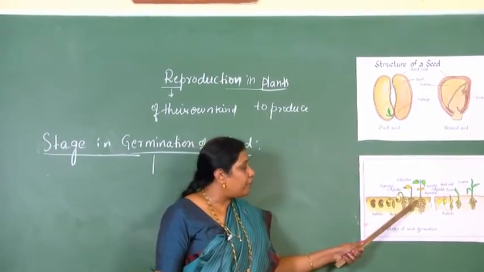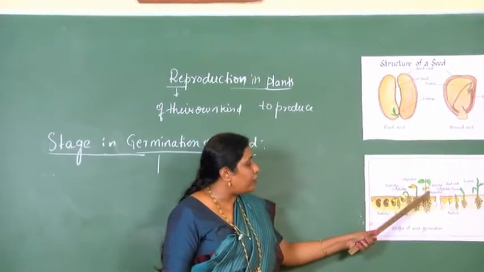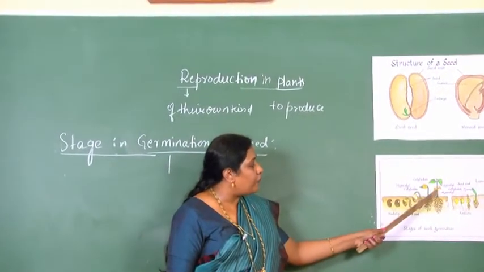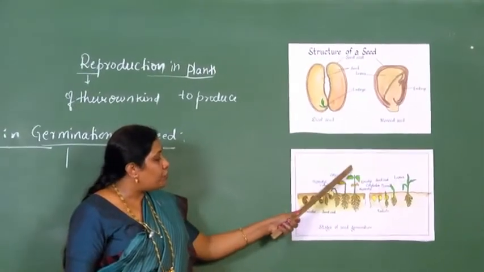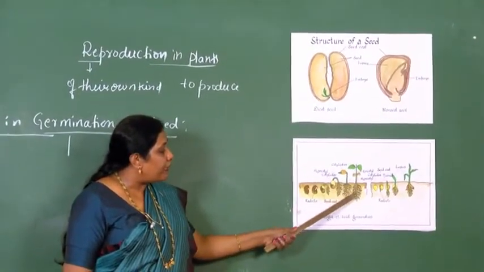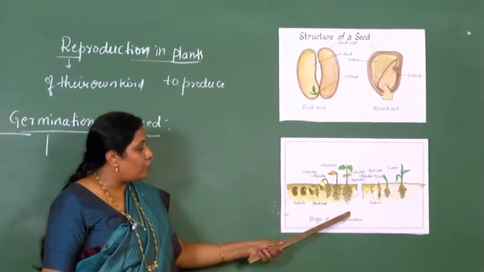Gradually the food stored in the cotyledons is absorbed, and the plumule starts growing into the shoot system, whereas the radicle develops into the root system.